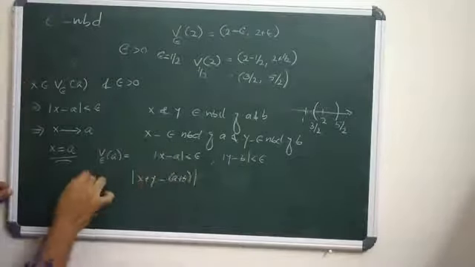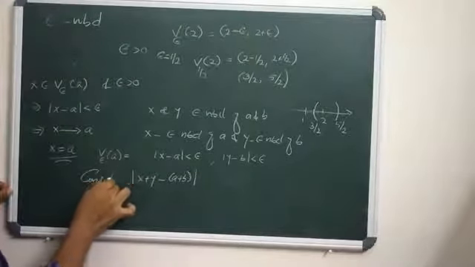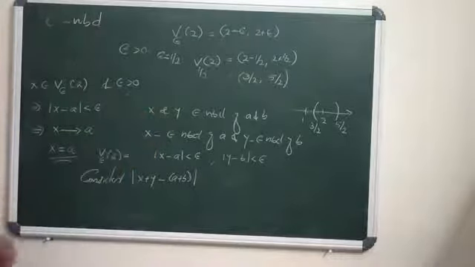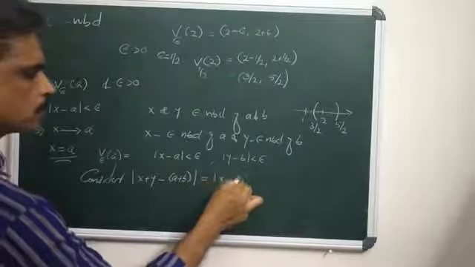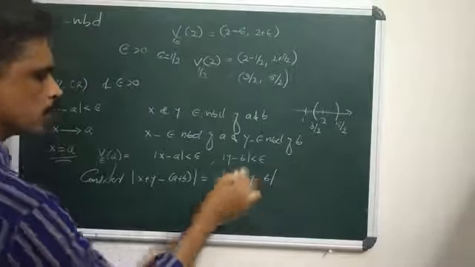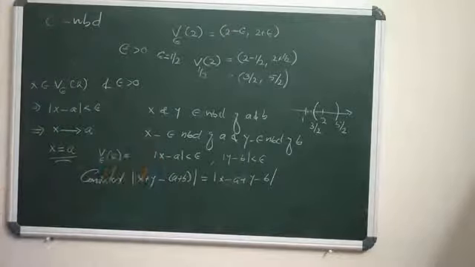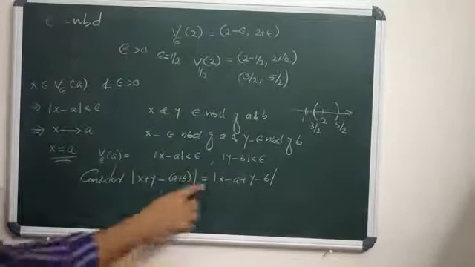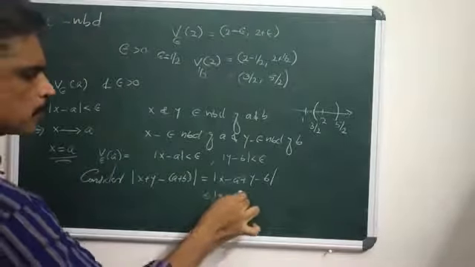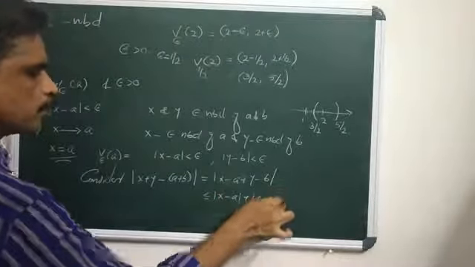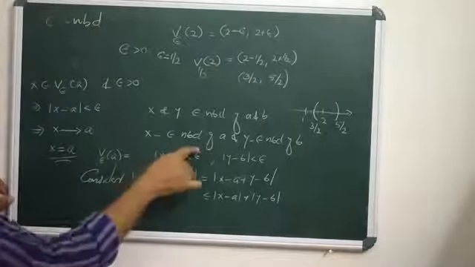Consider modulus of x plus y minus of A plus B. So this equals modulus of x minus A plus y minus B. By triangle inequality, it is mod x minus A plus mod y minus B. But mod x minus A is less than epsilon, and mod y minus B is less than epsilon.